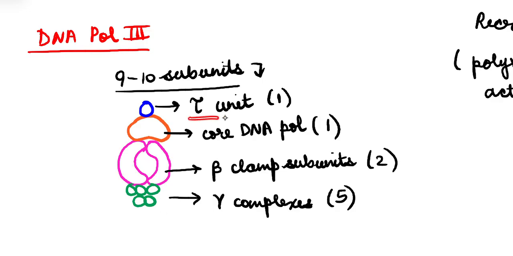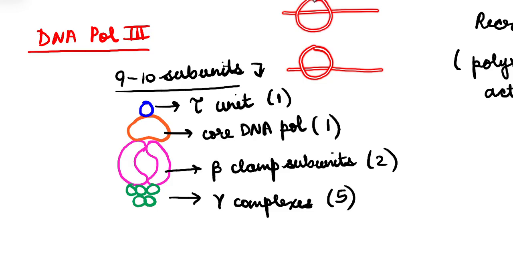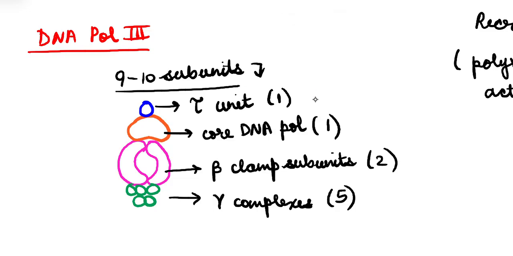Now there is one another unit called the tau unit, present on the top, and it acts as a dimerizing unit. When the two strands are to be replicated at the same time, one DNA polymerase will be working here and the other DNA polymerase will be working here, and the two will be dimerized together by the tau. So this tau unit has a very specific function which we will learn when we start learning how the replication takes place.